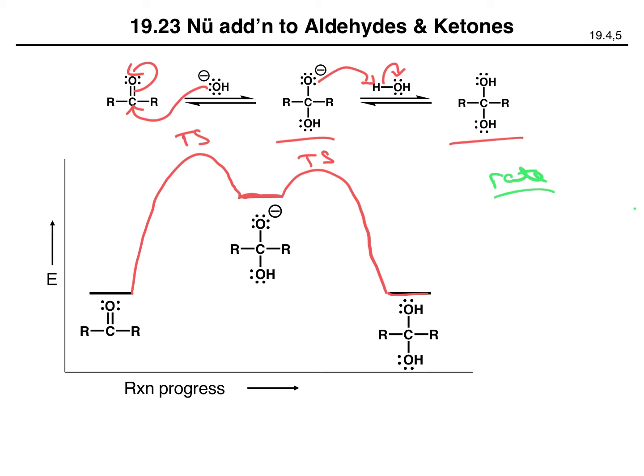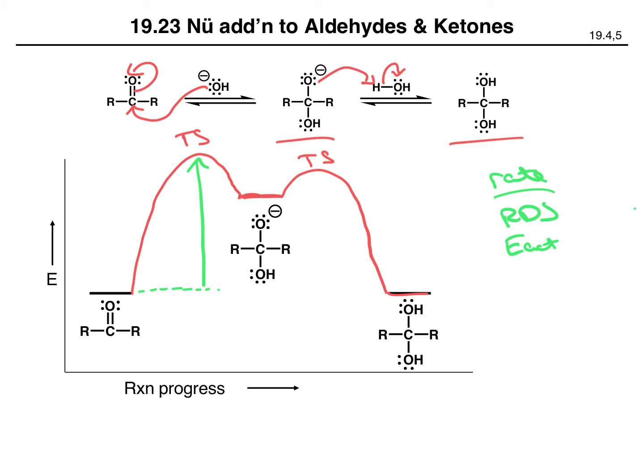Now, for the rate of the reaction, we need to focus on the rate determining step, which is nucleophilic attack. And we need to remember that the activation energy determines the rate. So what we want to focus on is the energy difference between the starting material and the transition state.